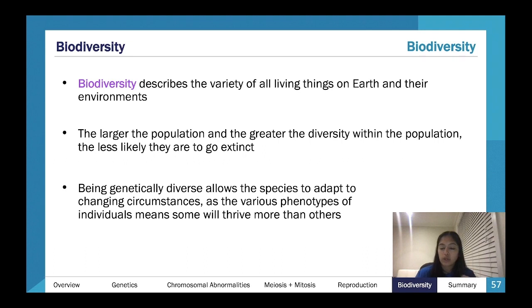But at the same time, if you've got a disease, and certain members of the population are susceptible, if everyone is pretty different in that group, then some will be susceptible to this disease, but other organisms in that population that are genetically quite different may be immune or not susceptible. So they're less likely to go extinct. So that's a really, really big thing with biodiversity.